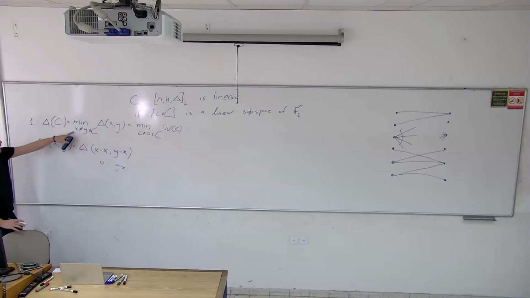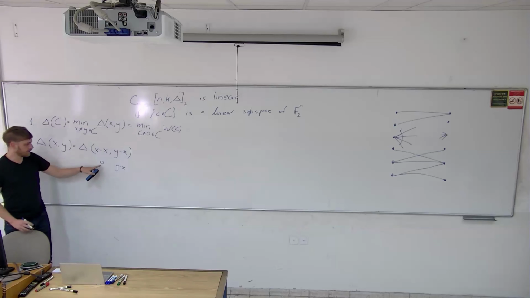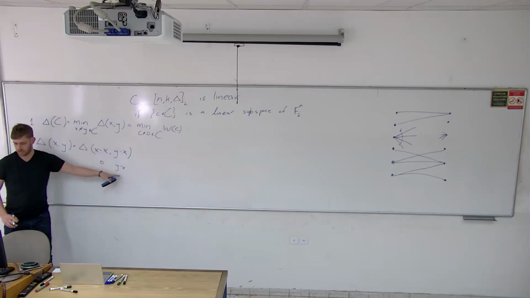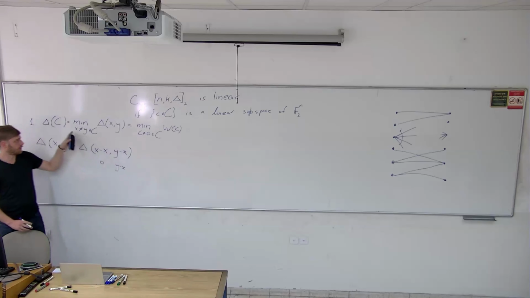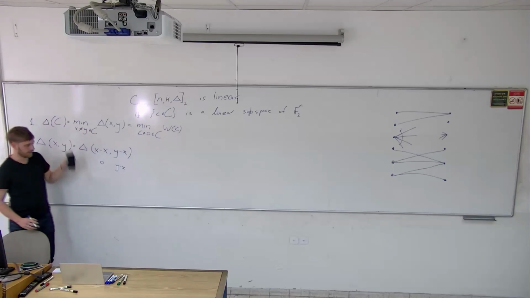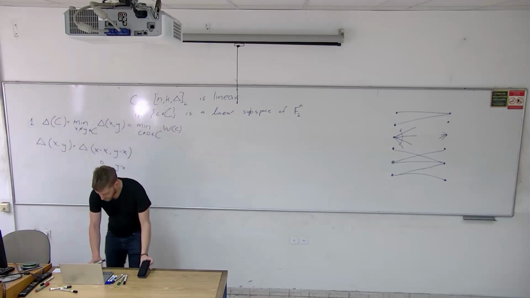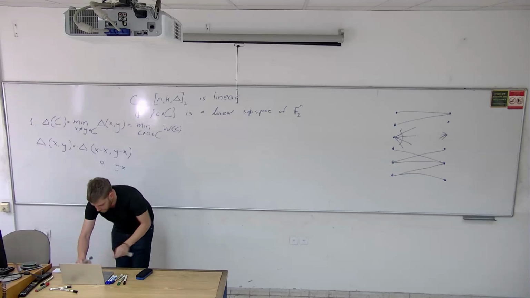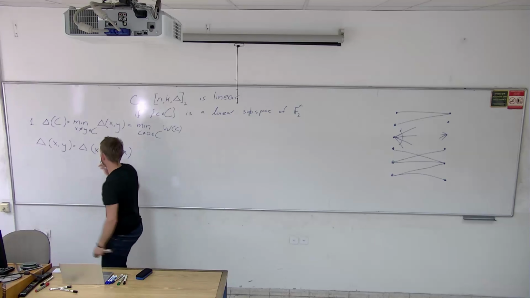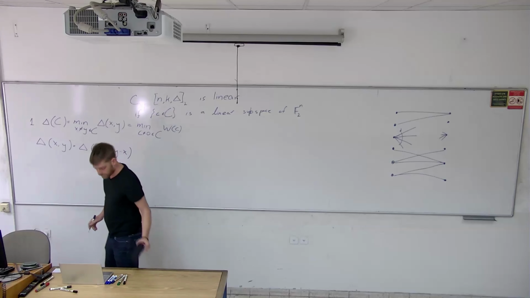So instead of iterating over all pairs, I just iterate over 0 and all possible non-zero code words, because I only iterate over x not equal to y. Okay, so that was the first fact.